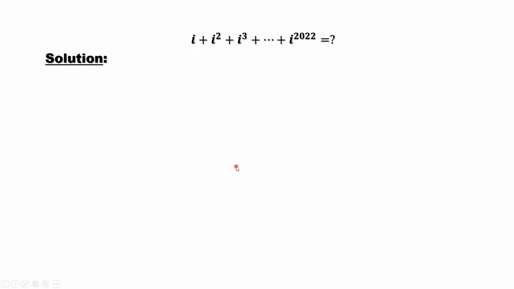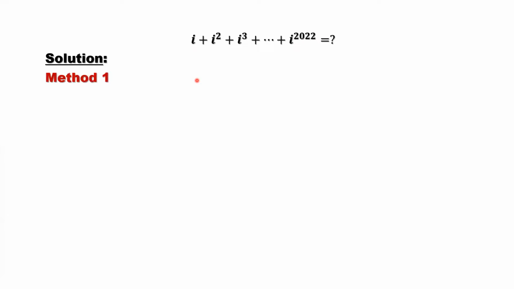The first idea is natural, because it is easy for us to see that i, i squared, i cubed, until i to the power 2022, those terms are from a geometric sequence.